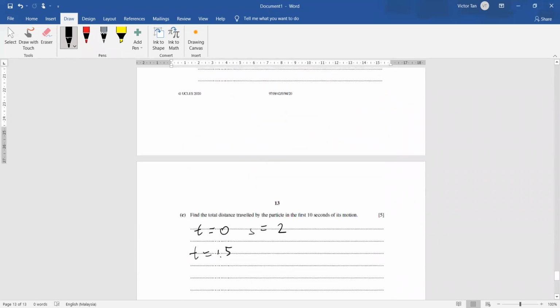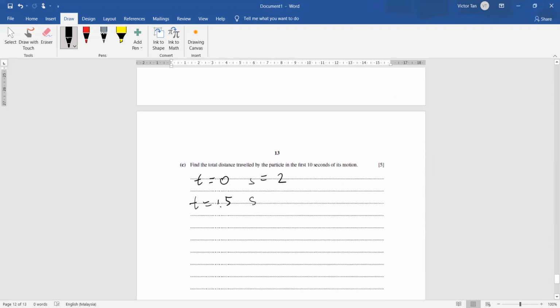T squared minus 3t plus 2 gives minus 0.25.